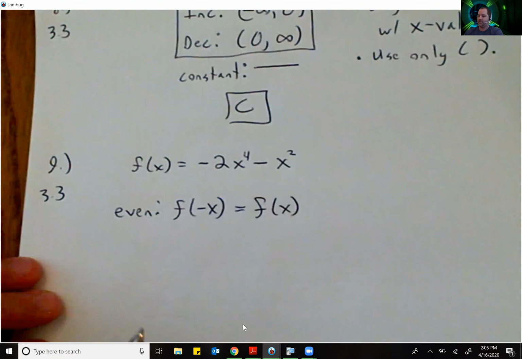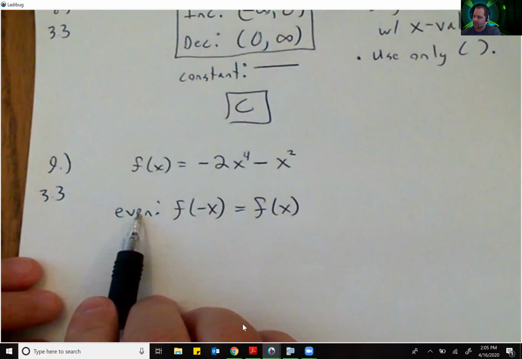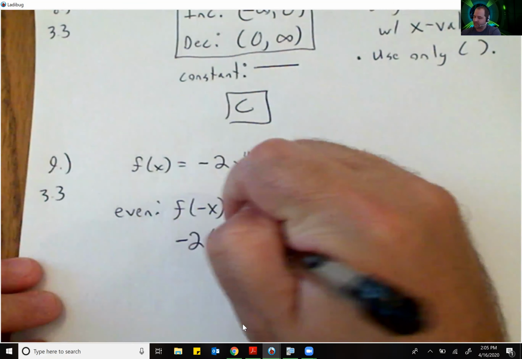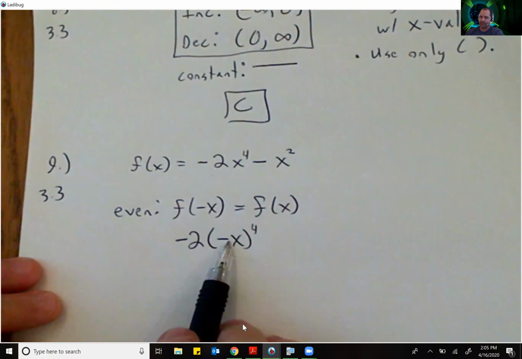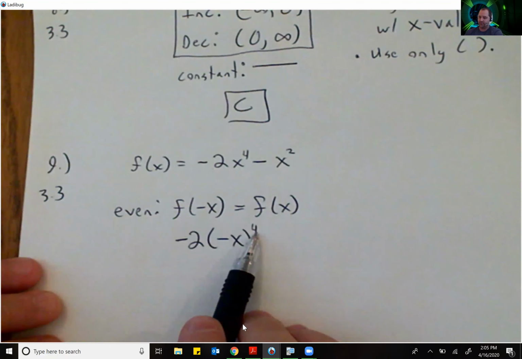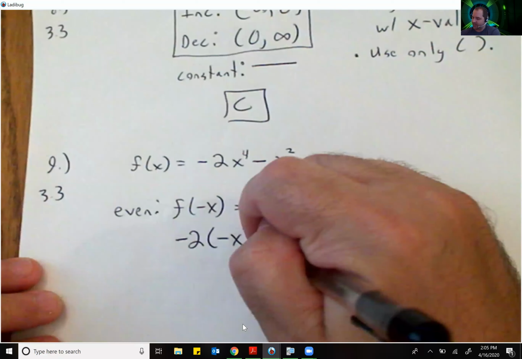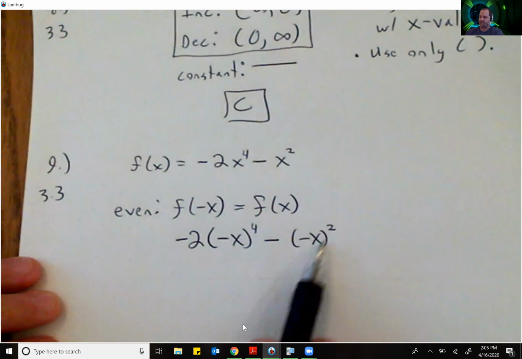If this is true, then it's even. So we got -2, parenthesis, negative x to the fourth. I put it in parentheses because it's being raised to a power. It's important that you do that. Minus negative x squared. Again, put it in parentheses.